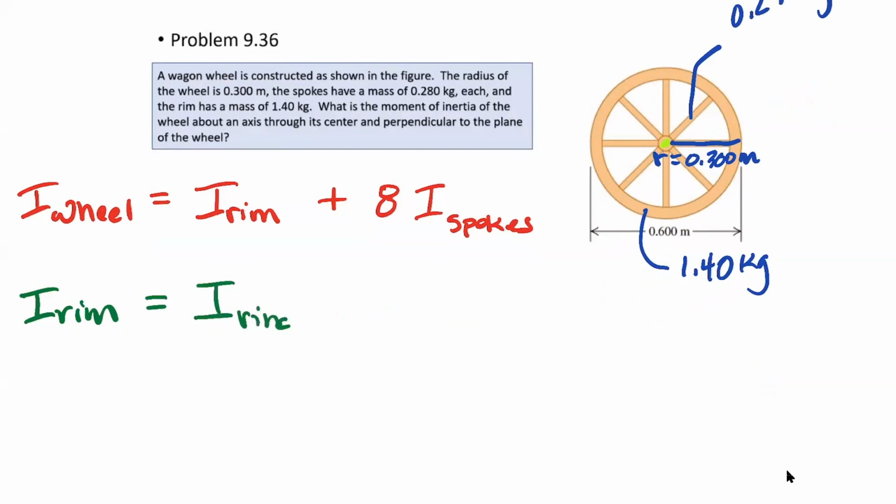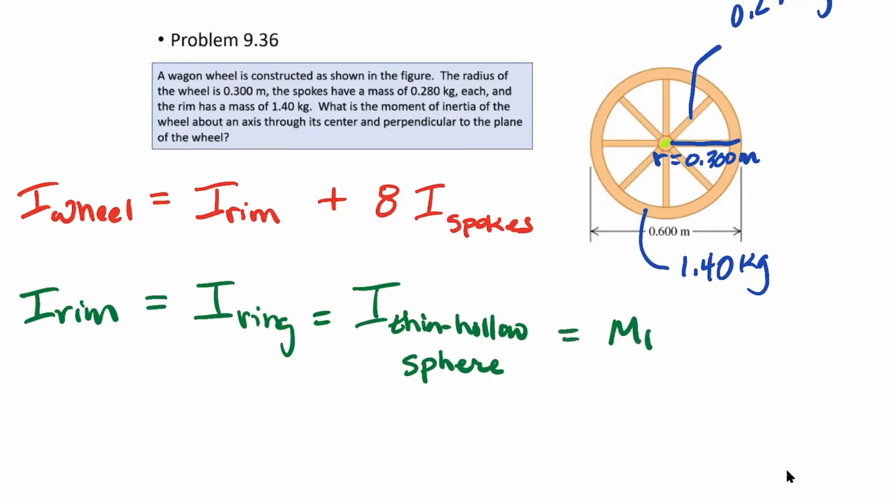And we had said a ring had the same moment of inertia as a thin hollow cylinder, which is mr squared. And we got that from table 9.2 in our text.